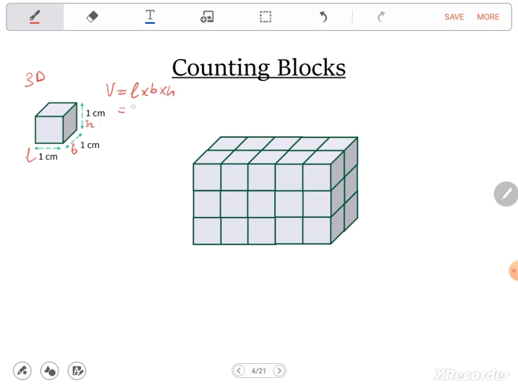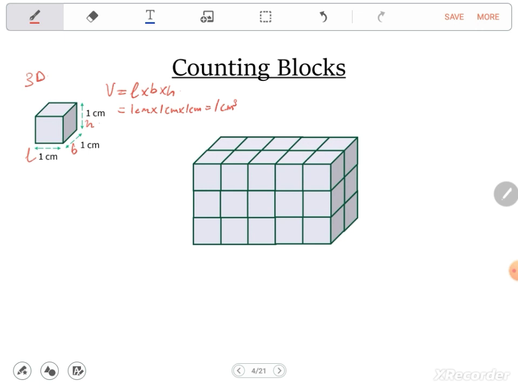So in this case, we'll have 1 centimeter by 1 centimeter by 1 centimeter. So basically we'll have 1 cubic centimeter or 1 centimeter cubed. So this block here, or what we can call a cube, occupies 1 cubic centimeter.